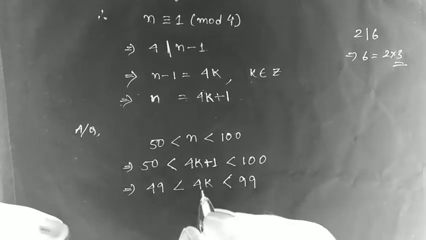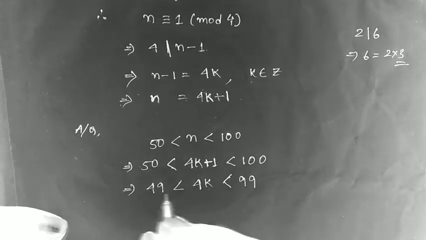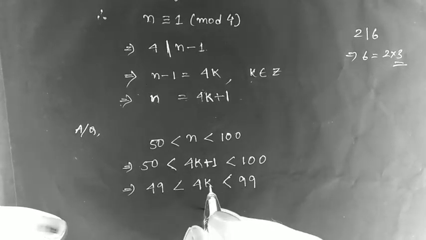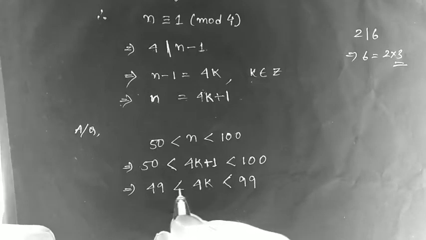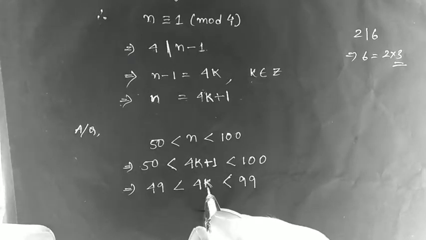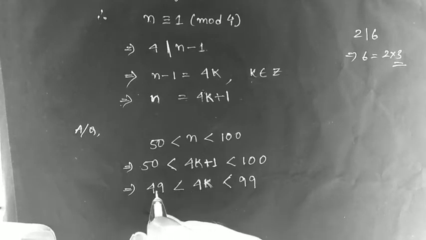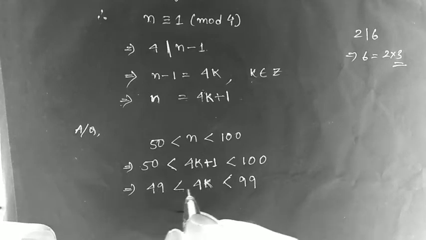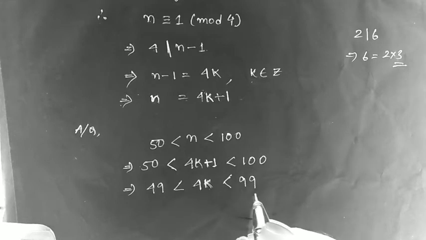Now we have to find the value of k which satisfies this condition, that is, such values of k for which 4k is greater than 49 but less than 99.